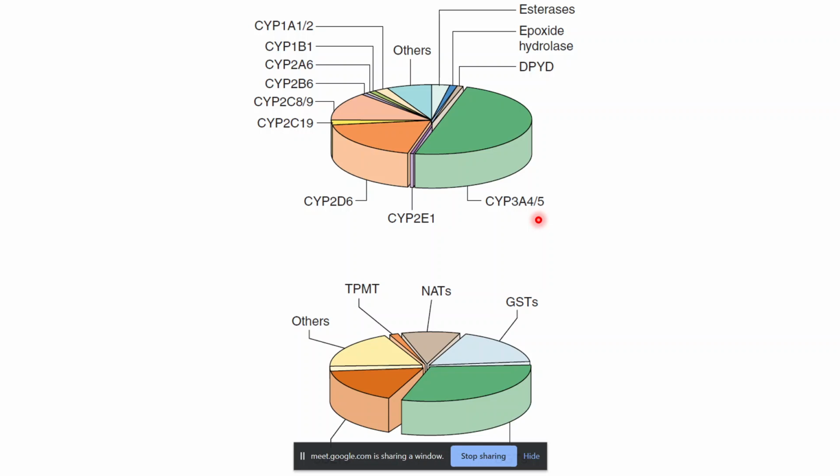And the increased synthesis of the P450 requires enhanced transcription and translation, also the increased synthesis of heme and its cofactor.